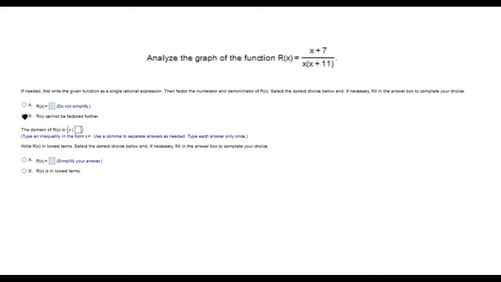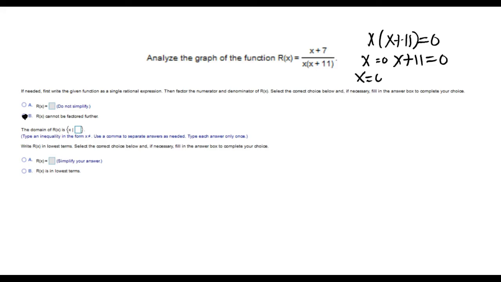Can't be factored anymore. Then we want to find the domain. We can find the domain by setting the denominator equal to 0 and then setting each factor equal to 0.